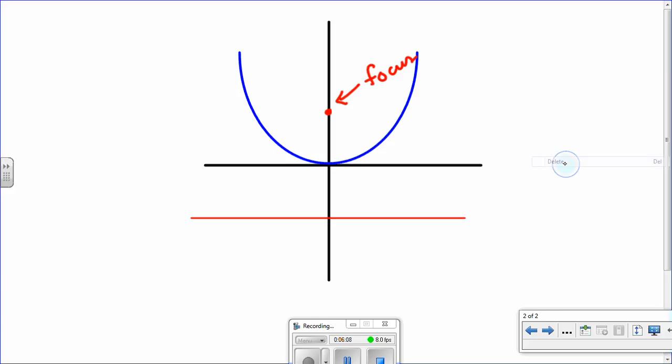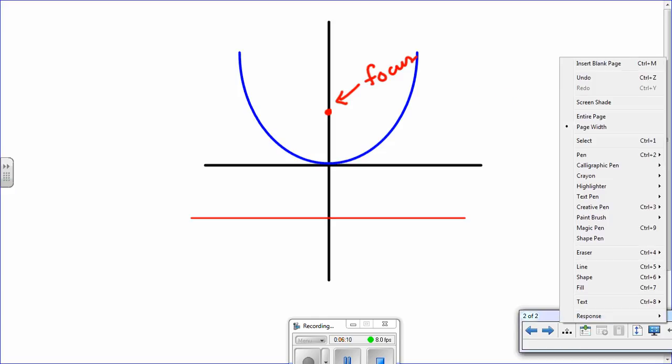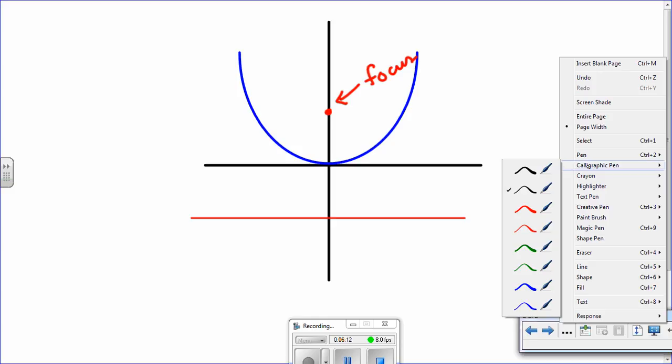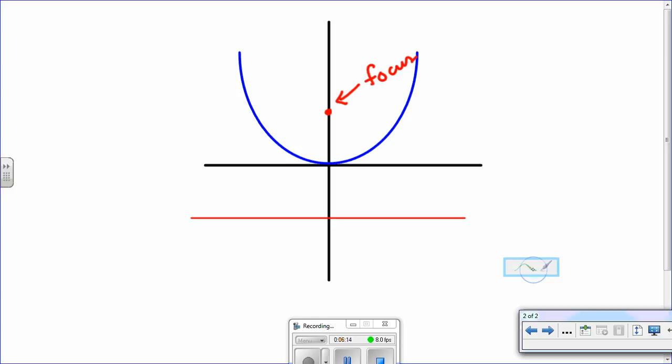Alright, let's talk about some other parts. Do you remember what that line is that goes right in the middle? No, this line right here, right in the middle of the parabola. Remember what that's called?